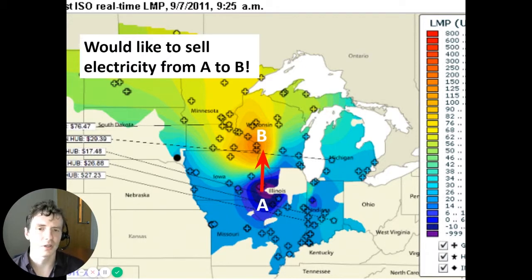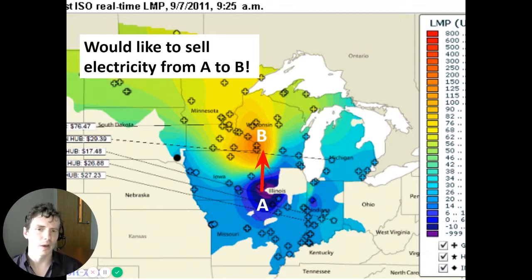In fact, what we see here is that the area of this map labeled with the A is actually experiencing negative electricity prices, which we'll talk about in just a minute. What that means is that that area has way too much renewable energy, presumably wind. And it would like to get some of that electricity out of the area labeled A and over to the area labeled B that could use some of that low-priced extra wind power.